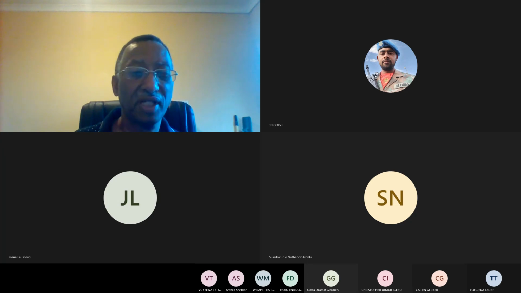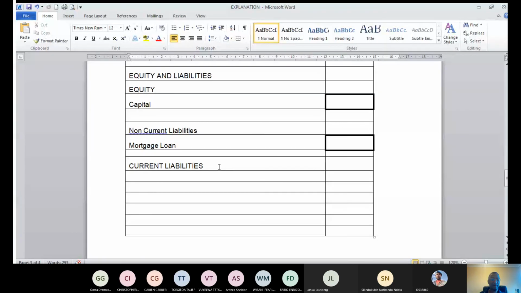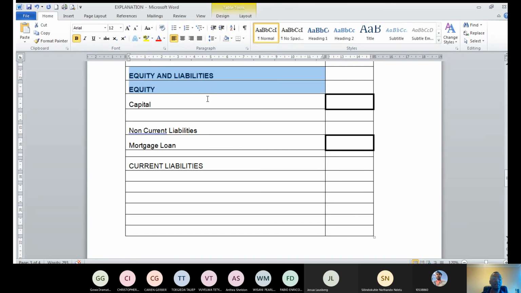I'm busy with the bottom section now of my statement of financial position. My first heading is equity and liabilities. Under my equity and liabilities, I will have capital. And the capital, remember, we have calculated the capital amount already.